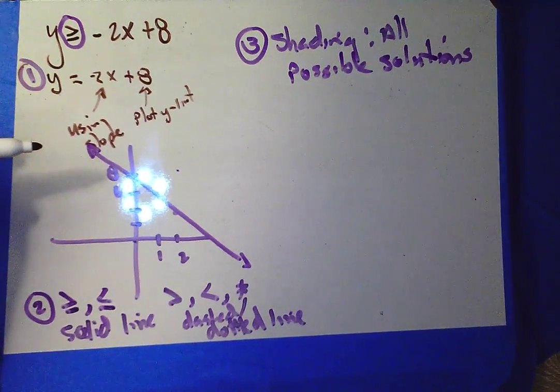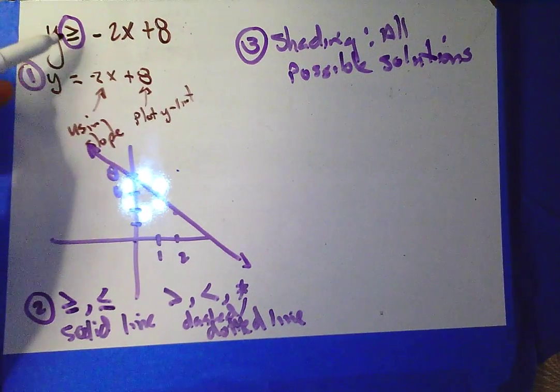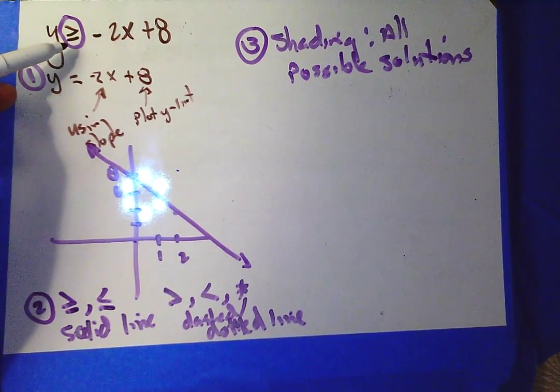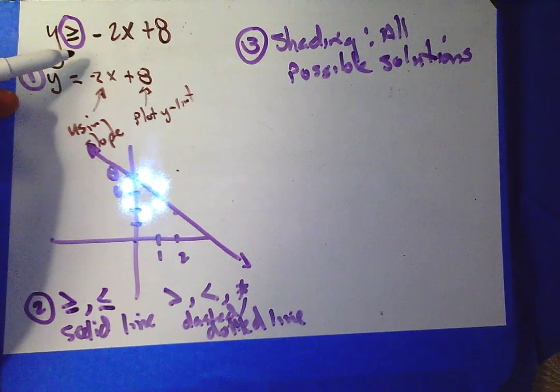So where do they live? Well, I'm not sure, and some people like to go off the direction of the inequality. I do not, because sometimes that can be misleading, and a wicked test writer could actually make a problem where people thought that it was going to be one way and the reality was completely different.